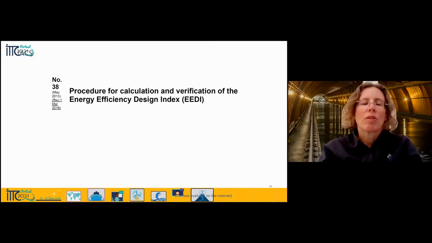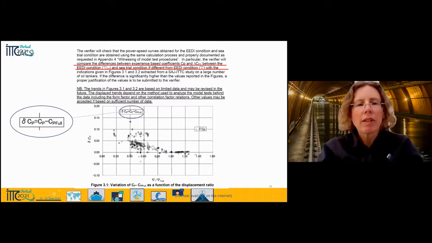And furthermore, in this document from IMO, it is suggested that the verifier should compare the difference between experience-based coefficients between the different drafts. An example is given here where the relation of the correlation factor CP is shown in a graph.